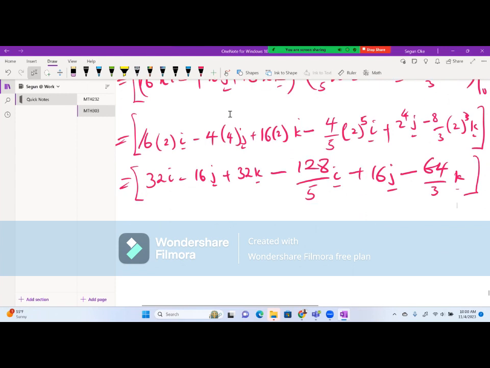Let's take i first. So what do we have? If we add this and this together, what do you have? 32 over 1 minus 128 over 5. 5 times 32 is 160. 160 minus 128 is 32.